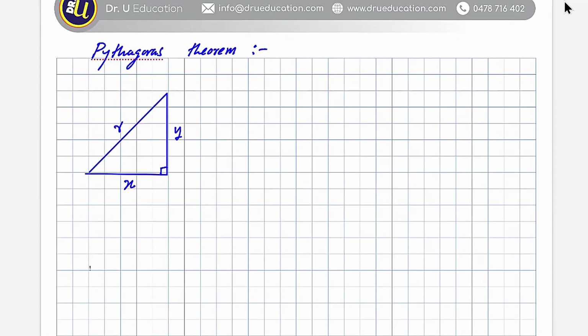So if you use Pythagoras theorem to this one, and this one was angle theta, right? So if you use Pythagoras theorem for this one, it would be r squared is equal to x squared plus y squared. That's Pythagoras theorem. Now, we have an extended version of this one. We just derived it. So we'll try to apply Pythagoras theorem to that extended version.